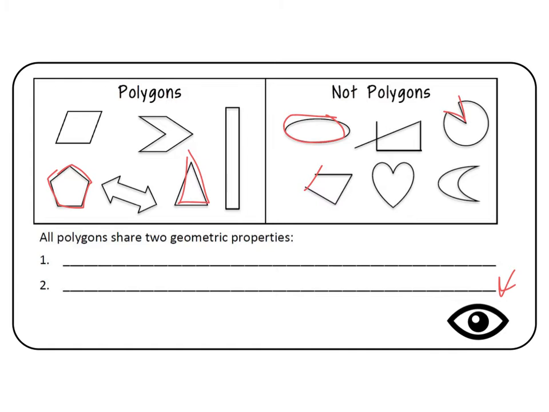So all shapes that are polygons have two properties that they share. All polygons have straight sides with no curves.